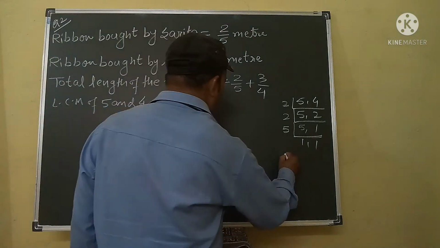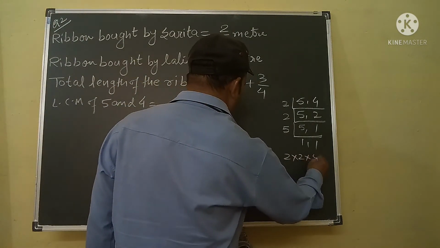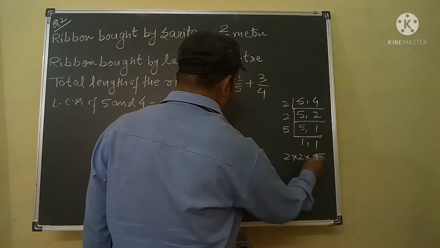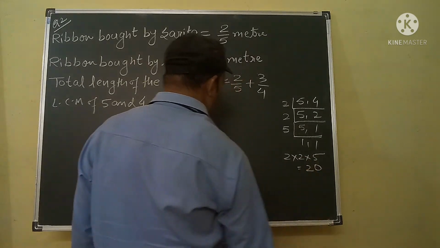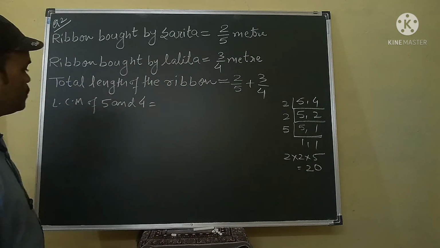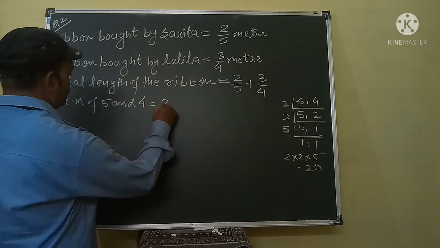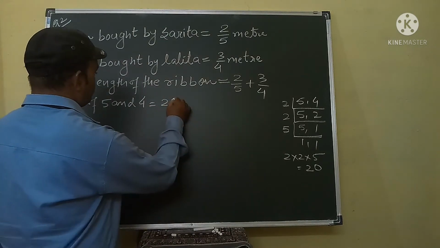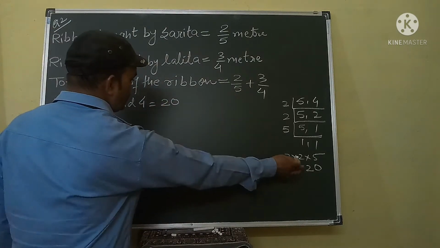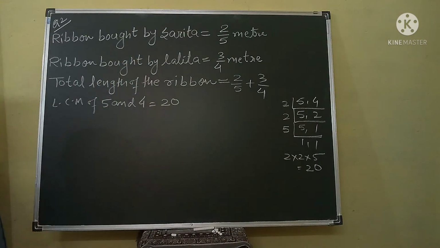As you are looking, 2 into 2 into 5, 2 2s are 4, 4 5s are 20. LCM of 5 and 4 is 20. Then after what we will do?